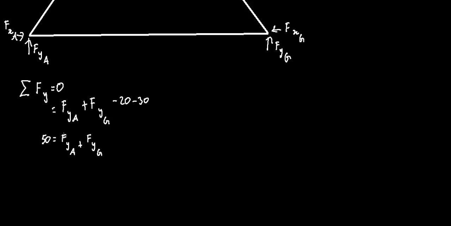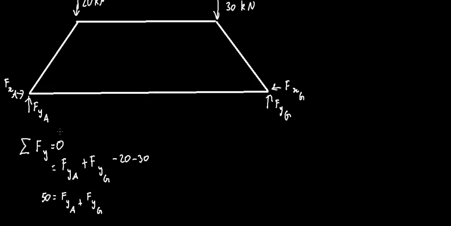Does that really tell us anything? Not really. So what we can do is use the sum of all moments equal to 0, because this object doesn't rotate anywhere. Let's say the moments at point A are equal to 0, because the object doesn't rotate around point A.